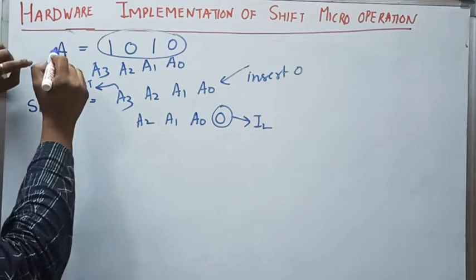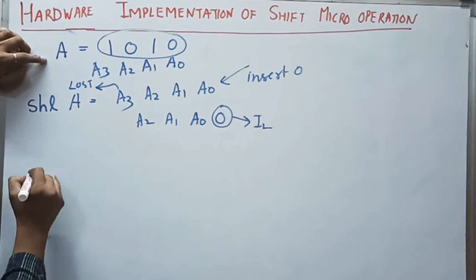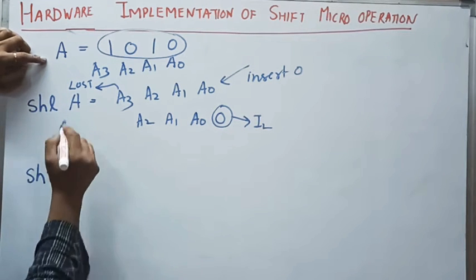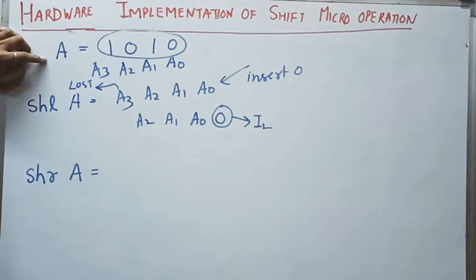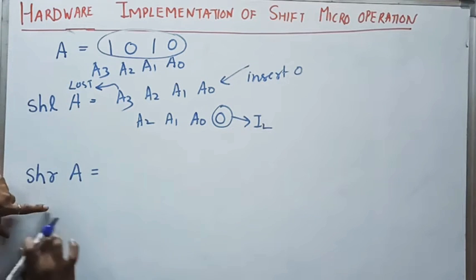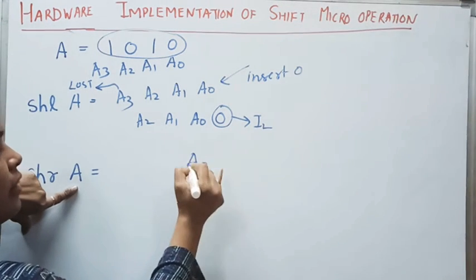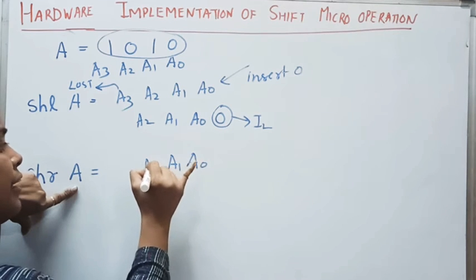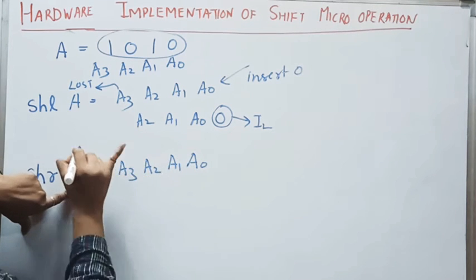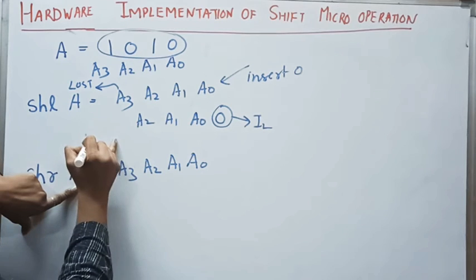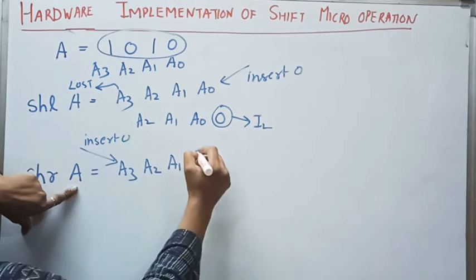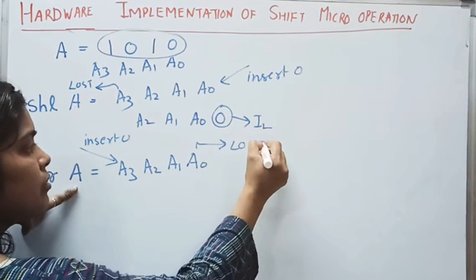Again, if I am applying the shift right operation on A, SHR A, what does it mean? SHR A, with A having a 4-bit number A0, A1, A2 and A3. Here we insert 0 and this A0 will be lost.